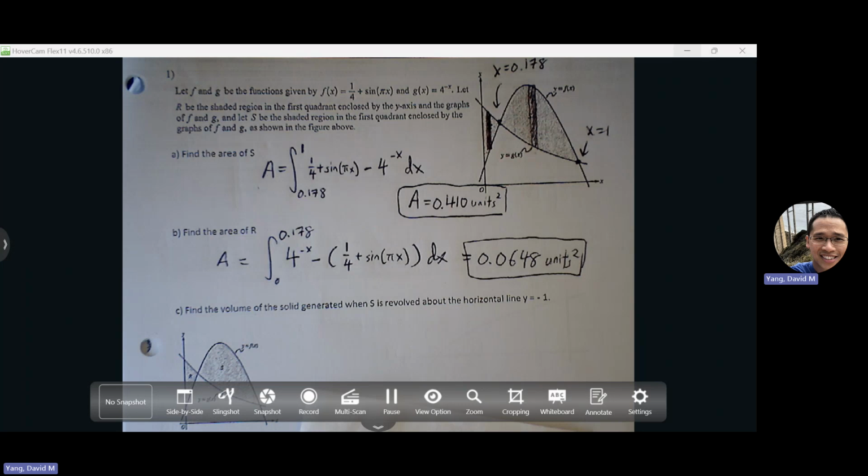You just have to be careful with your parentheses as you build out your formula. Okay, try part D.